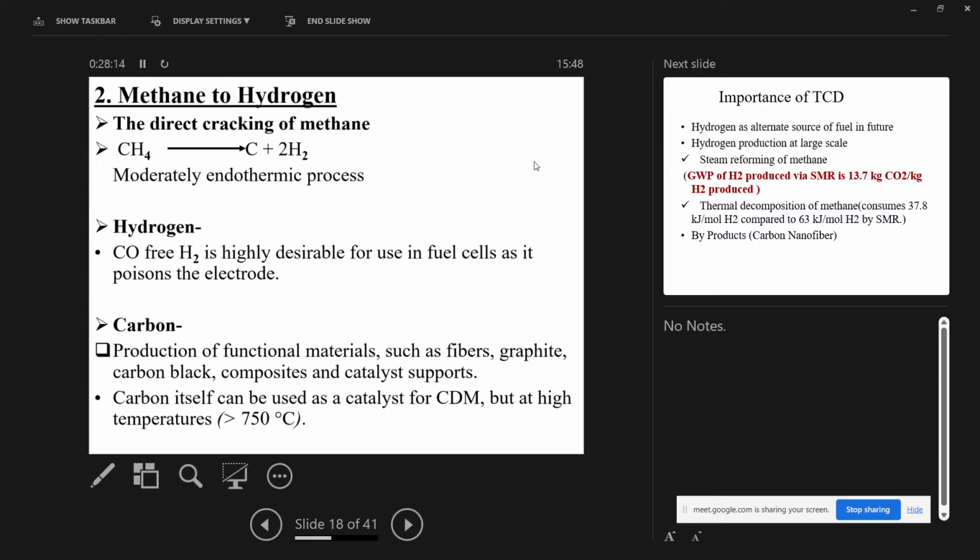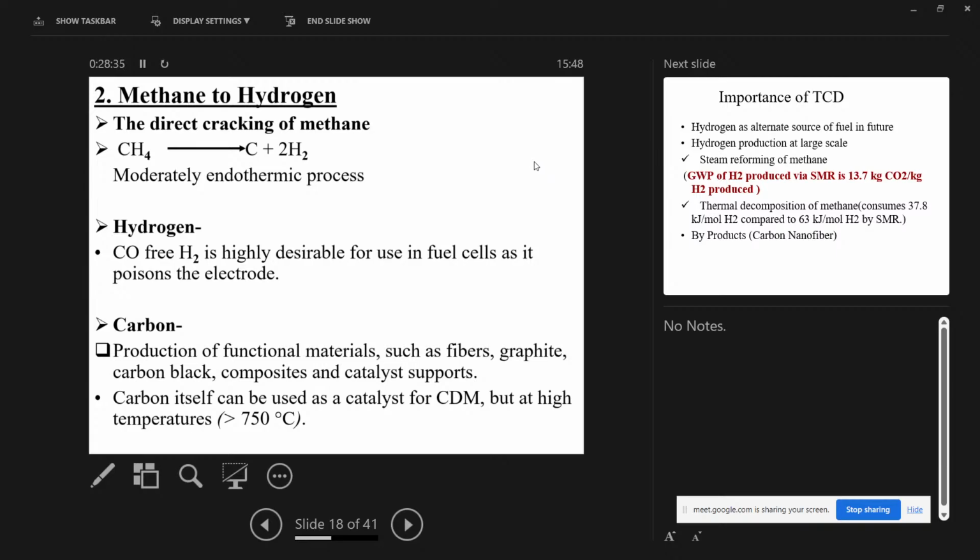In these conditions, COx-free hydrogen is desirable, and the carbon produced from this source is in the form of fibers or graphite, or maybe the catalyst, of course. Almost all of you know that carbon fibers or graphite are very costly.